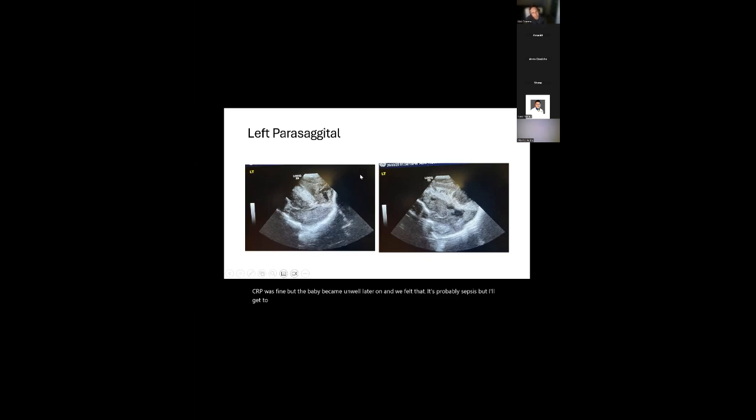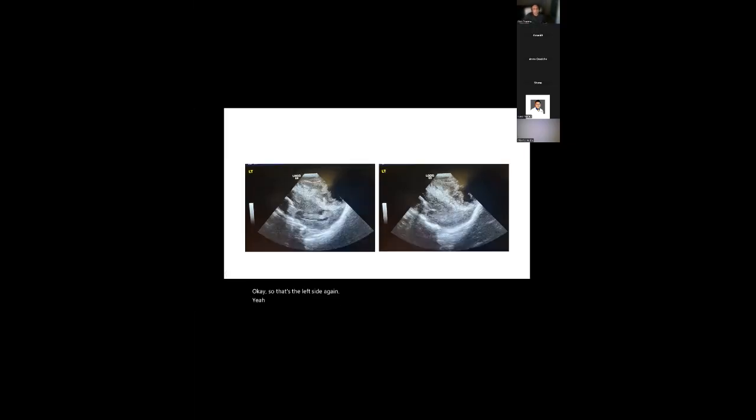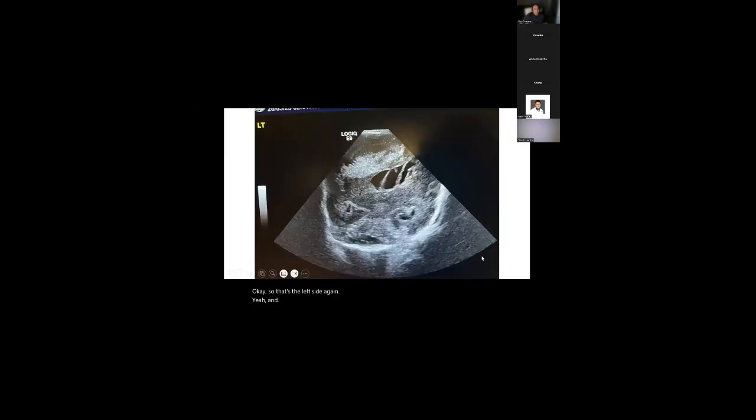So that's the left side again. It's really bad on the left side, and that's the far left again. You see, there's septation here.